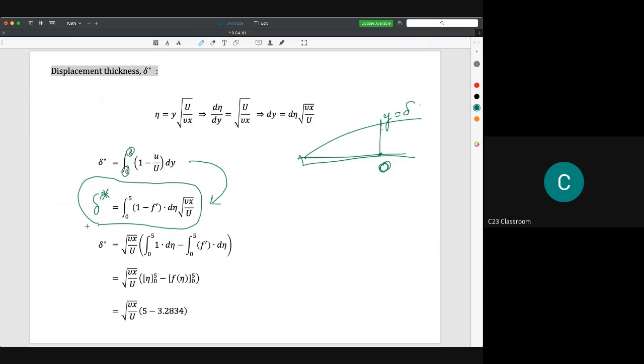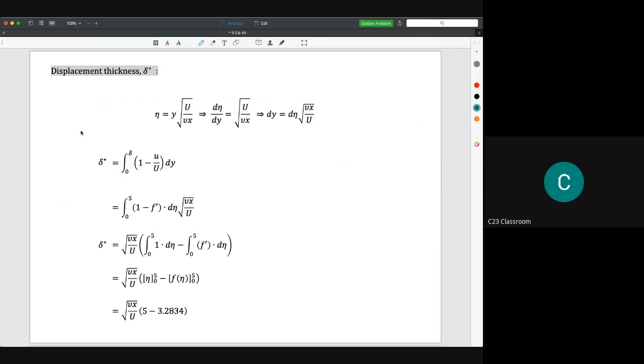And then to solve this one, we can take out the value of the square root of nu x over u because it is constant, and then we can separate the terms to ease our calculation. So we have the integral of 1 d eta and the integral of f prime d eta.